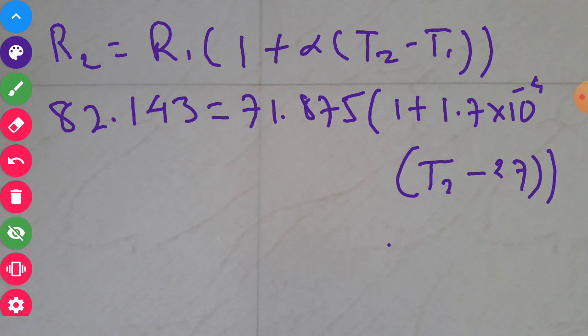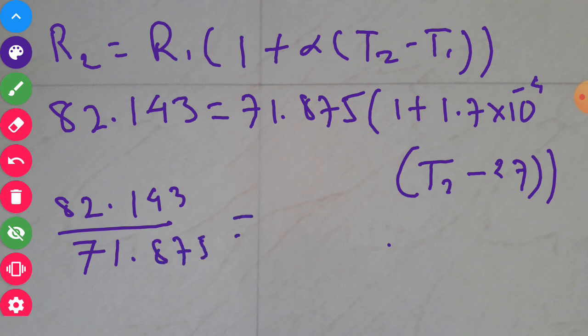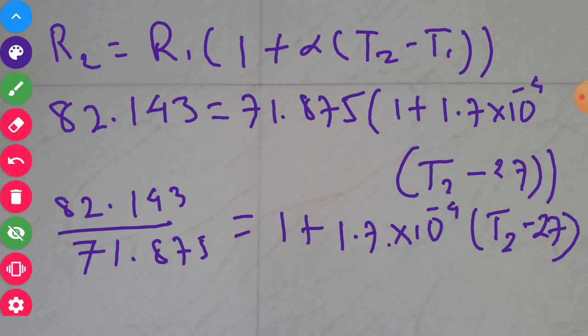Now it's easy to calculate. You can write 82.143 divided by 71.875 is equal to 1 plus 1.7 into 10 raised to minus 4 into T2 minus 27.